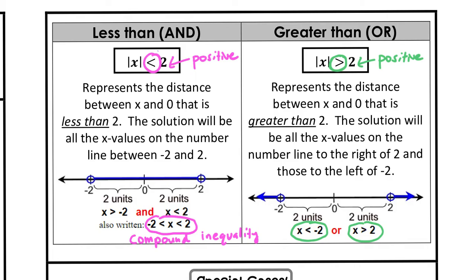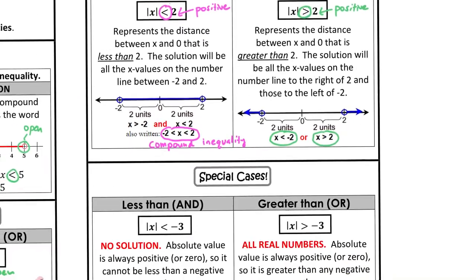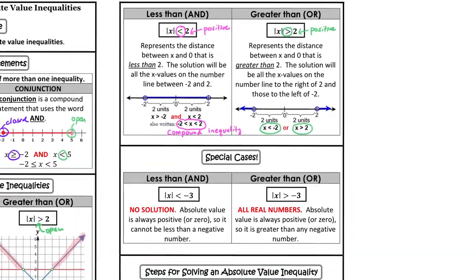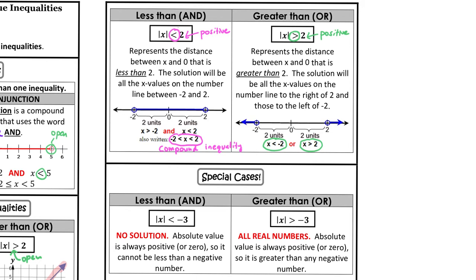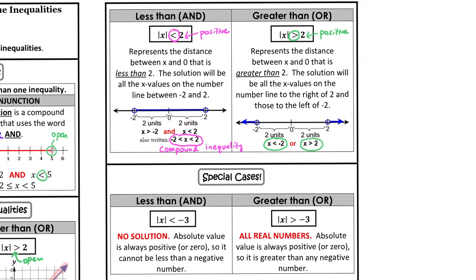Okay, and then we have 2 special cases. So let me zoom out. Two special cases here. All right, the special cases are when I have negative numbers. Okay, so let me change the color here. So I have a special case when I have less than a negative number.